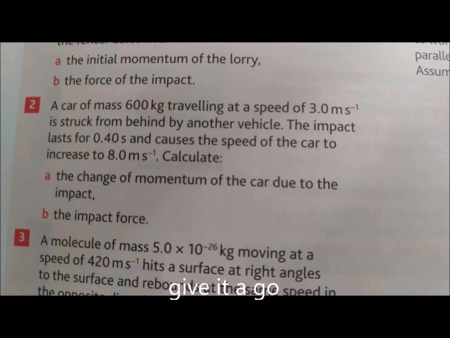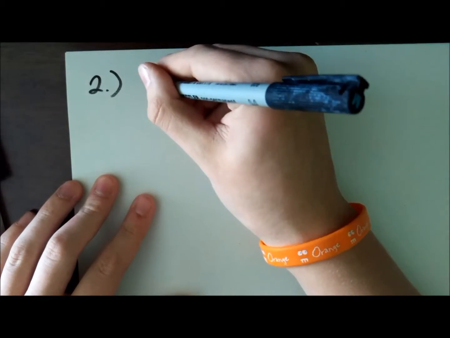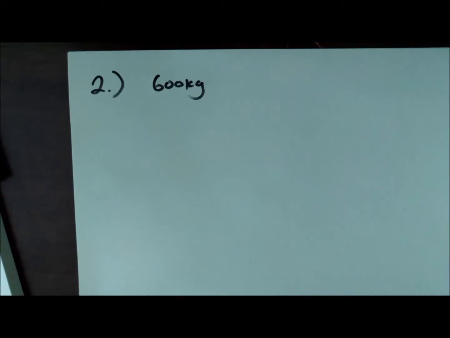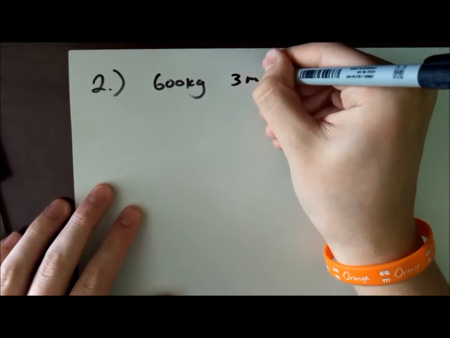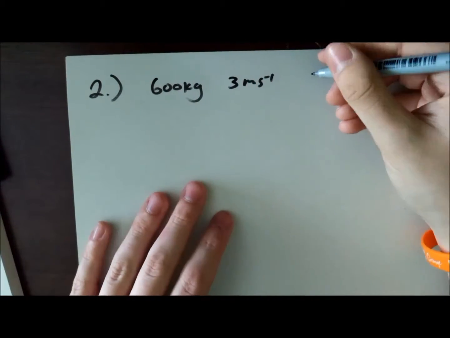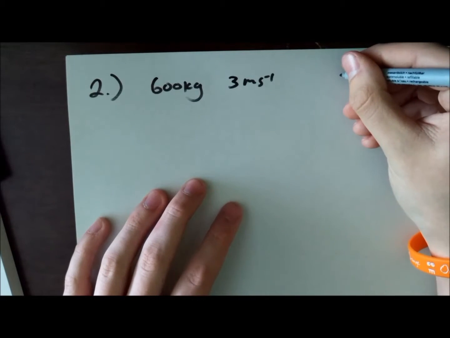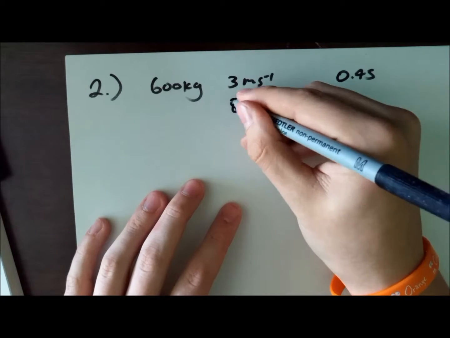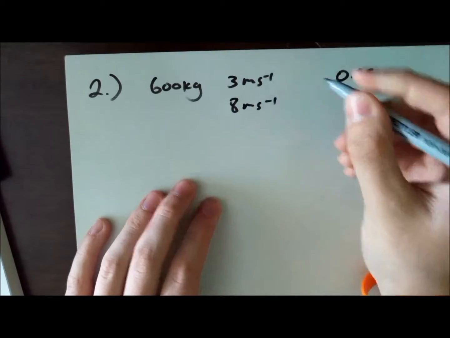Question 2. We're told that a car of mass 600 kilograms is travelling at a speed of 3 meters per second, and it is struck by another car. The impact lasts 0.4 seconds, and the speed increases to 8 meters per second.